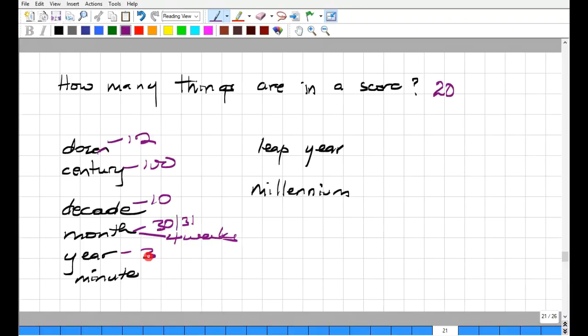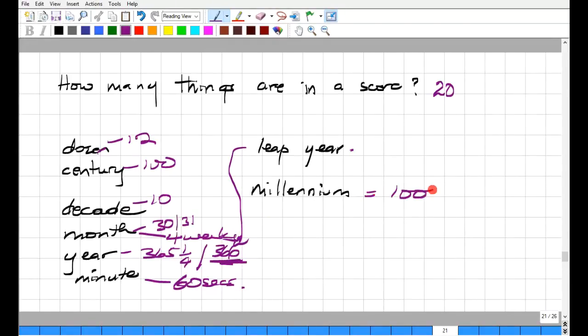In a year, 365 and a quarter or 366 if it's a leap year. In a minute, we have 60 seconds. 366 days for the leap year, and the millennium is a period of 1,000 years.